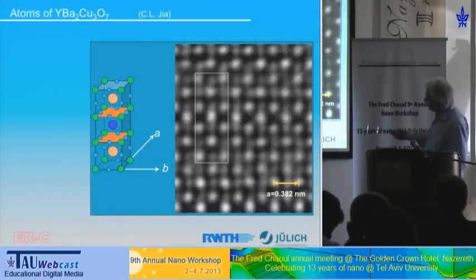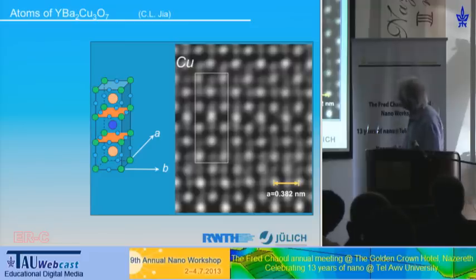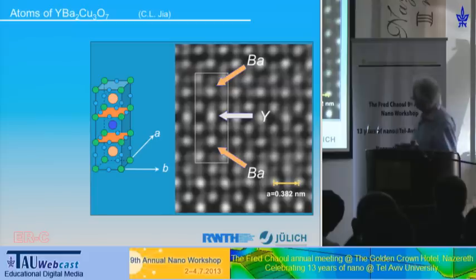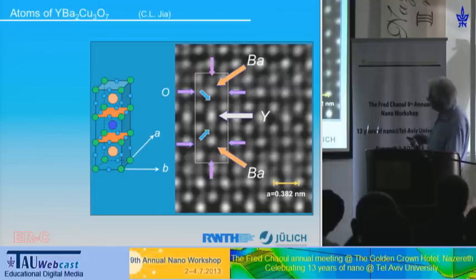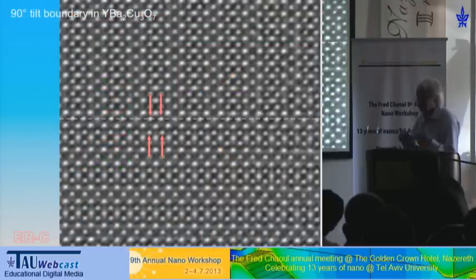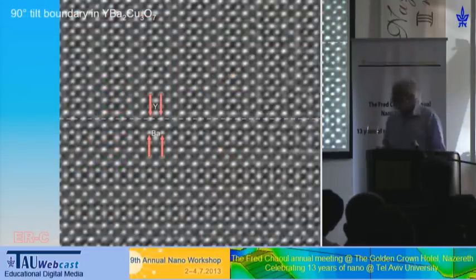This is the perovskitic unit cell of yttrium barium copper oxide, and we see the copper atoms. We see the body-centered barium, yttrium, and barium atoms, and we also see the oxygens. So we can now return back to our grain boundary and hope that we can measure all the necessary effects there.